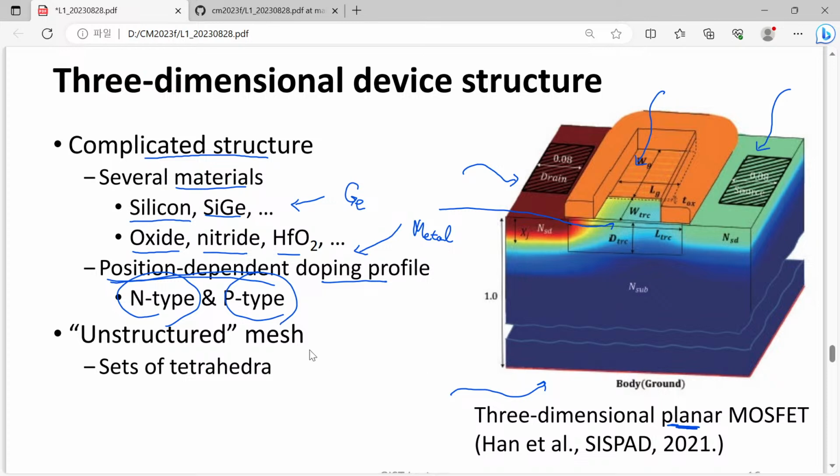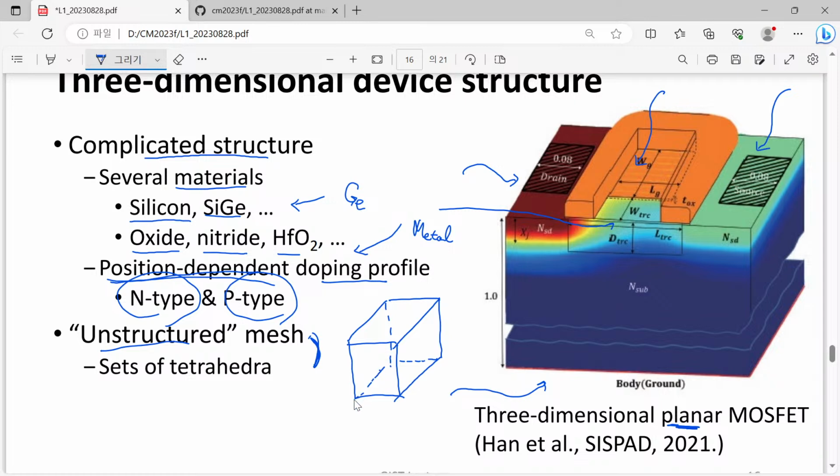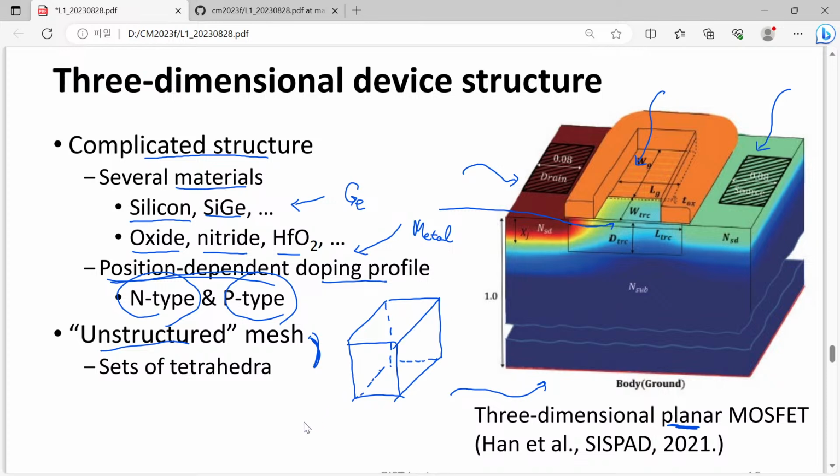And another one is, here we have unstructured mesh. Unstructured mesh means that, let's consider a certain cube. We have a very simple cube, and this is a three-dimensional quantity. Then how can we represent this cube in our computer simulation? Typically, when you say structured mesh, we use this cube or cuboid as a basic building block of our mesh.